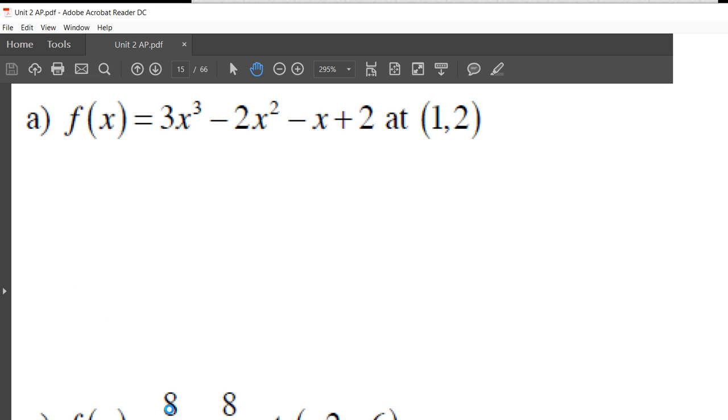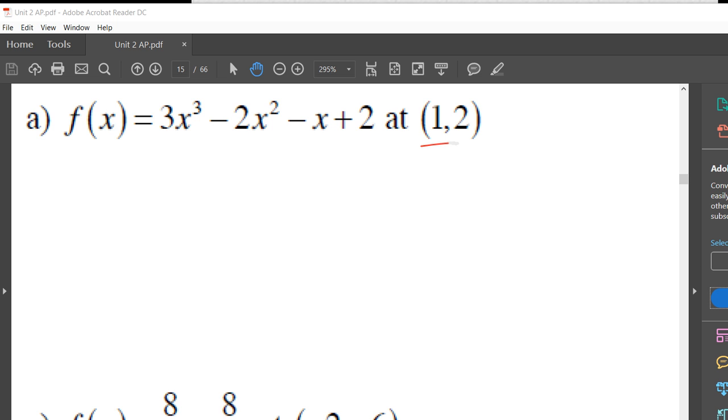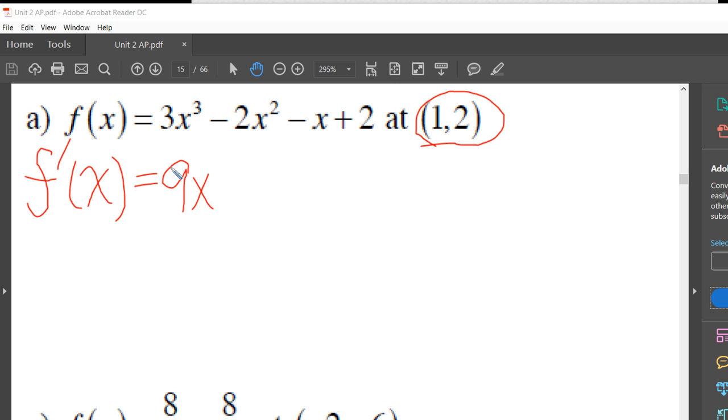First, we need to have a point, which you already have, so you don't have to do a lot more work for that one. Sometimes you have to do a lot more work to find a point, but not in this case. Second, we have to find the slope at that point, but in order to do that, we have to have the general slope at every point of a tangent line formula, which is given by the derivative. The derivative of this formula itself will be 9x squared minus 4x minus 1.